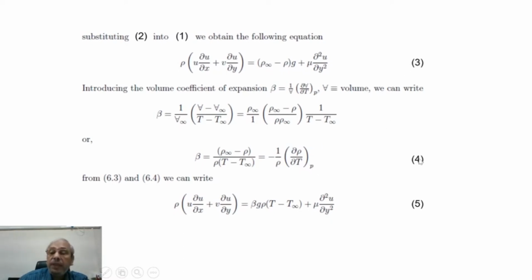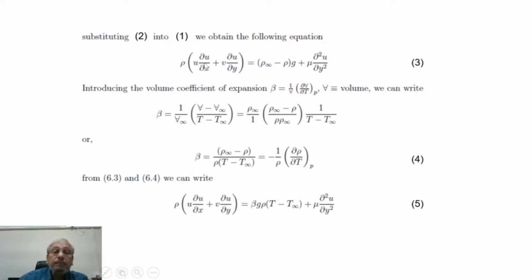And from these two equations, then we can write rho infinity minus rho can be substituted by an expression involving beta.